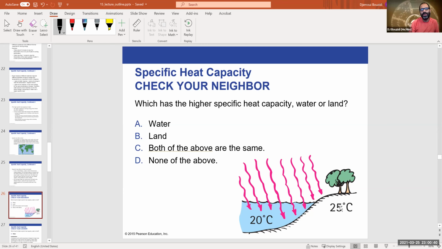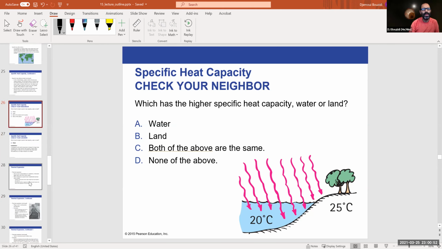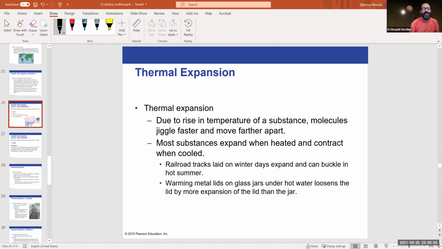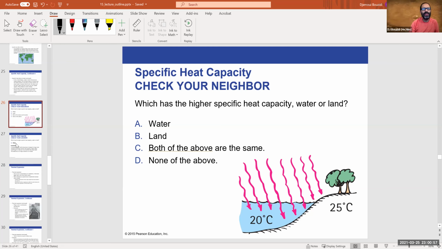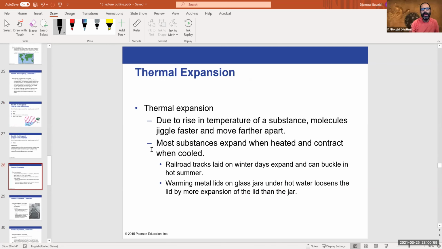So now the breeze flows in the opposite direction and it regulates the land. So which has a higher specific heat, water or land? Obviously, water has more specific heat than land. So this is the importance of water for weather phenomena.